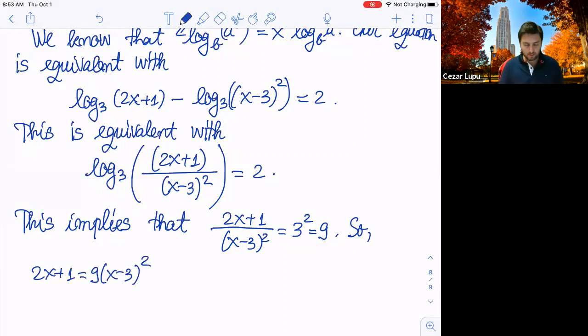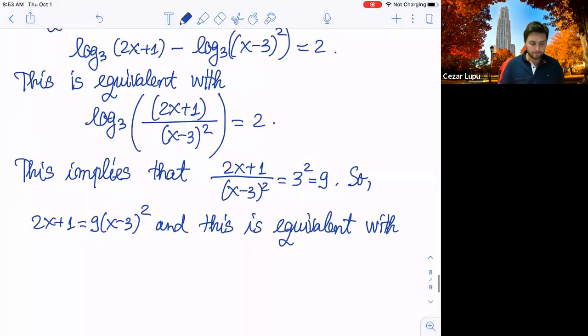Or if we do all these computations, we expand this, and this will be equivalent with the following, with 2x plus 1. And at some point, after we expand all this, this will give us 9x squared minus 54x plus 81, sorry.